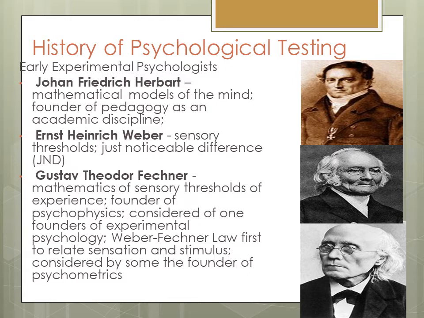If Weber formulated the idea of the just noticeable difference, Gustav Fechner then identified that there is a mathematics, or a computation, that makes an individual feel the noticeable difference. That's called the Weber-Fechner law. So they are the founders, and they are also very prominent in the field of stimulus and response.